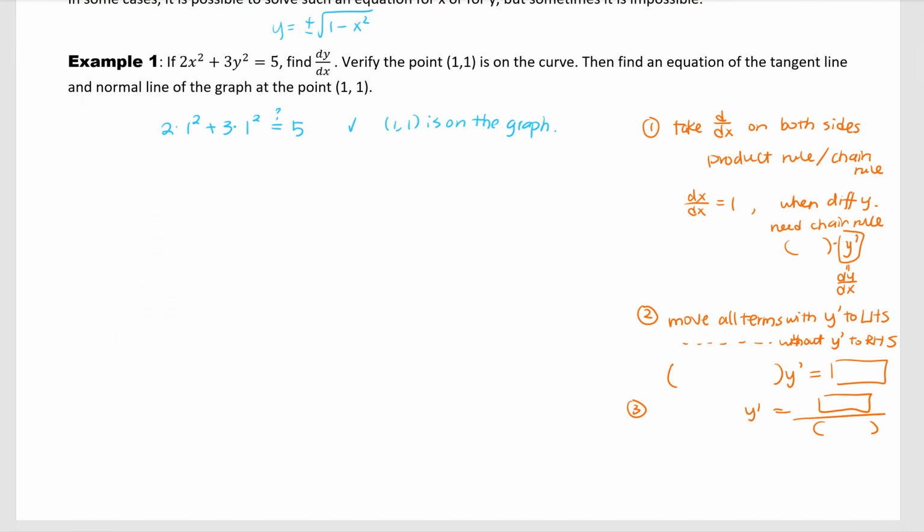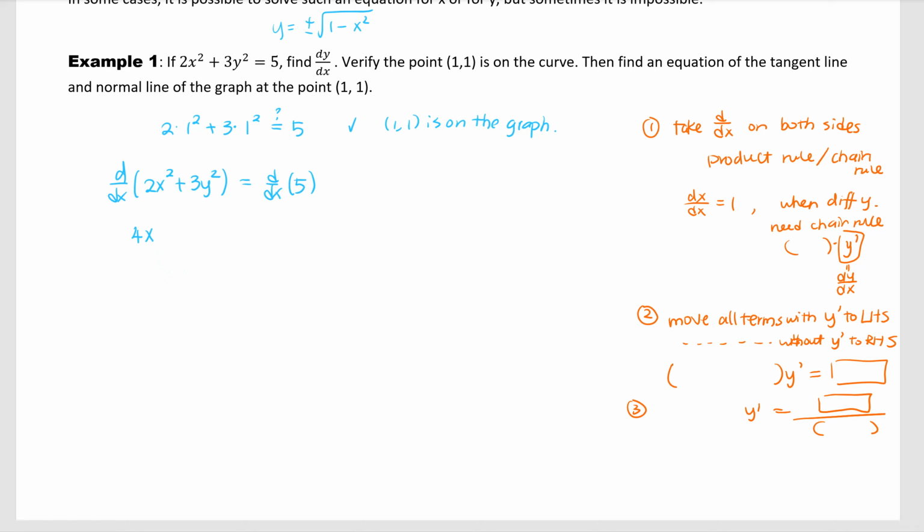So we take the derivative with respect to x on both sides. So d/dx of 2x squared plus 3y squared equals d/dx of 5. The derivative of 2x squared is 4x. When you differentiate the x, you don't need to multiply by anything, because dx/dx is just 1. It's like you multiply by 1, so we don't need to write it down.